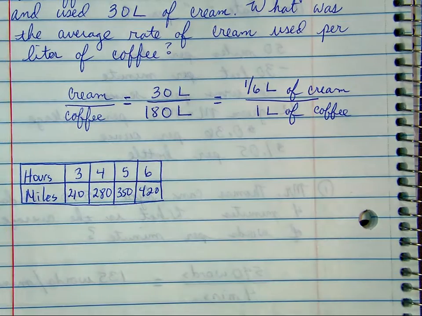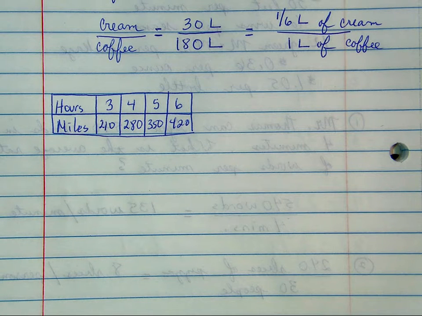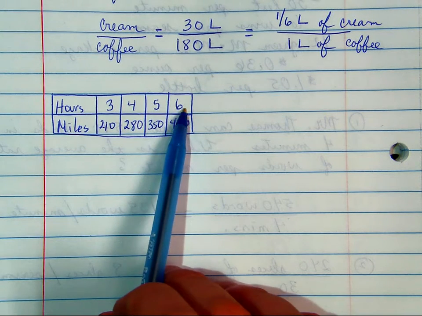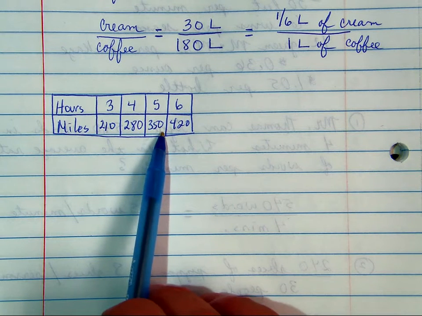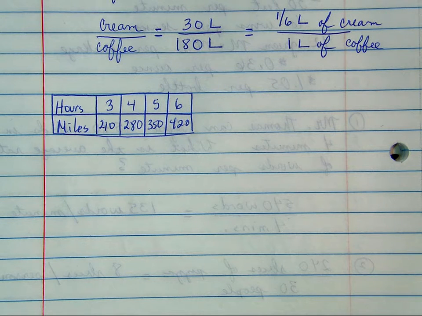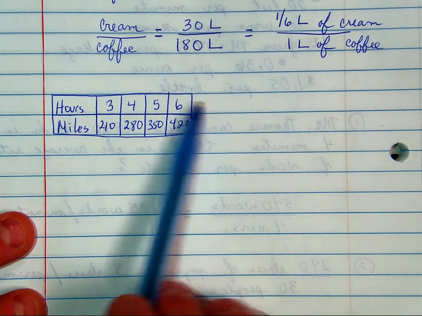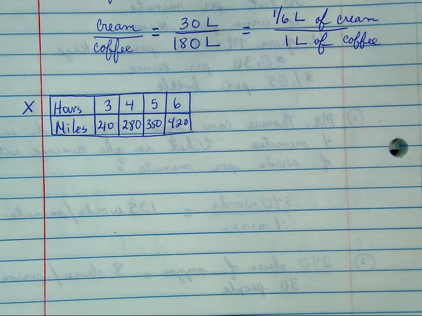All right, so I created a table here, and I'm asking you now to find the unit rate. That's 3, 4, 5, 6, 210, 280, 350, 420. The first row of every table is always the x axis.